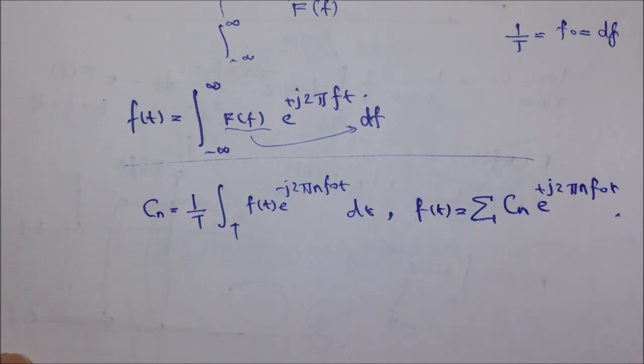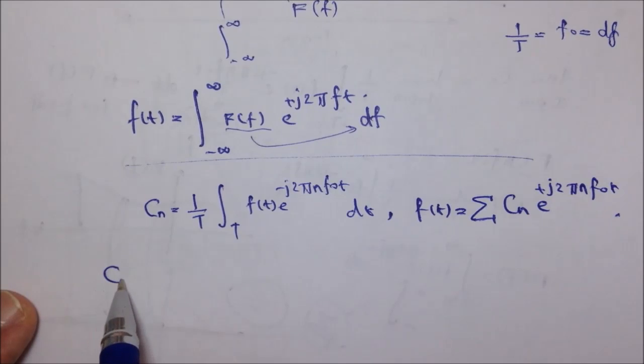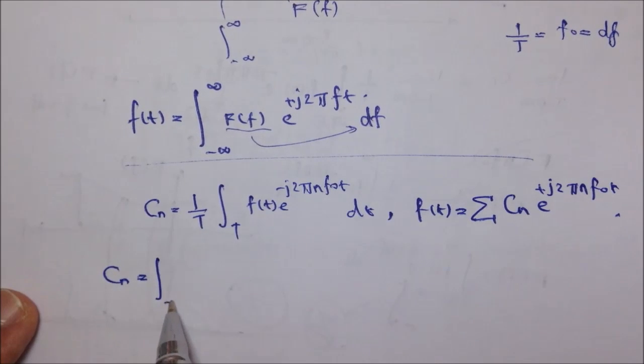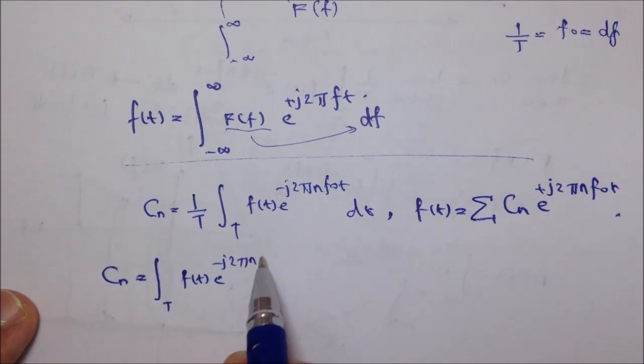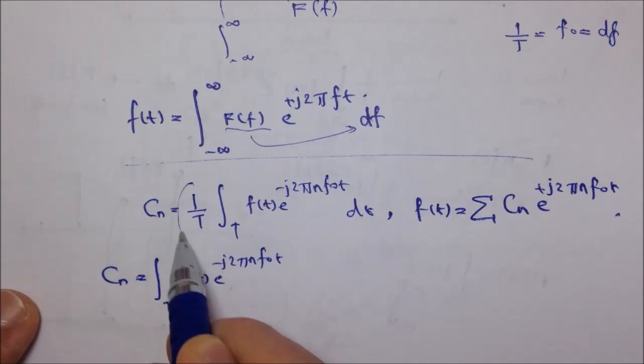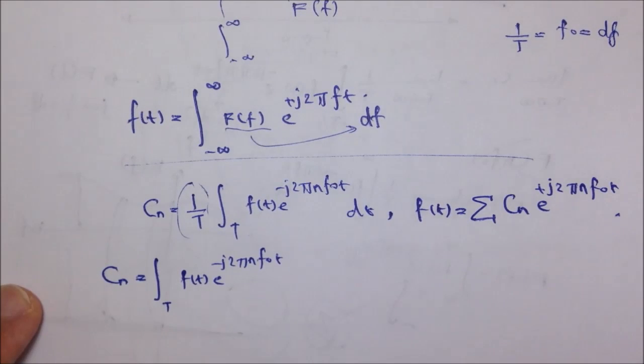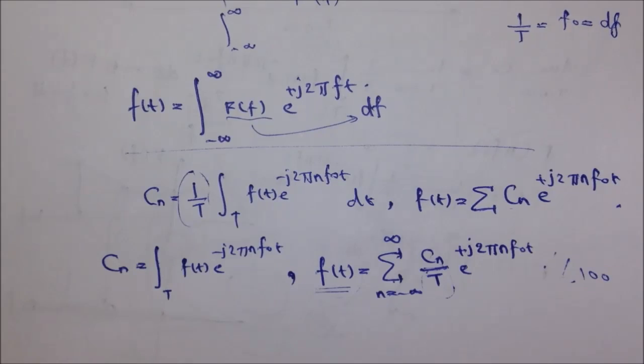Now one may rewrite these formulas as follows. You say c sub n equals the integration over time of f of t e to the minus j 2 pi n f naught t. So we just neglected this normalization factor, so the spectrum we get is not scaled properly. We just take care of the issue when we synthesize the harmonics to get back the original time domain function.